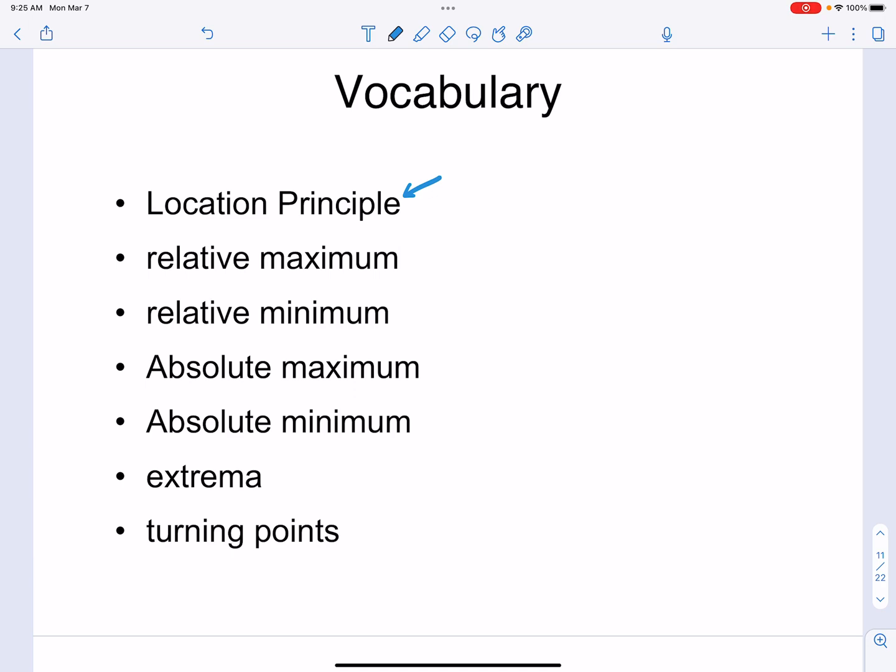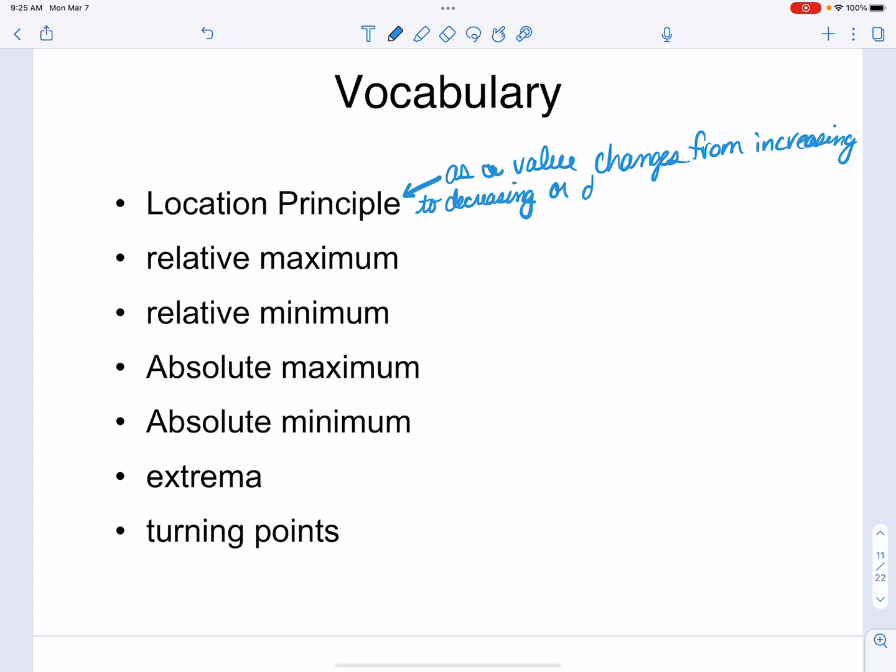It's saying that as a y value changes from increasing to decreasing, or decreasing to increasing, a max or min is located.